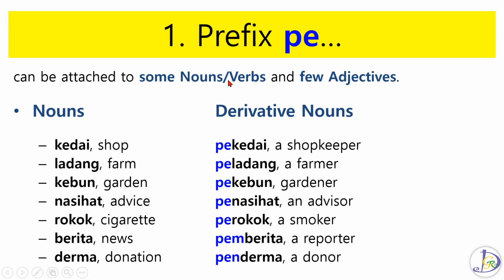Number 1. Prefix per can be attached to some nouns or verbs and few adjectives.